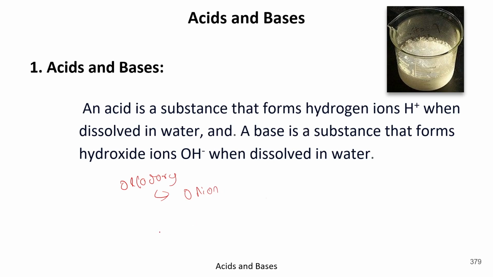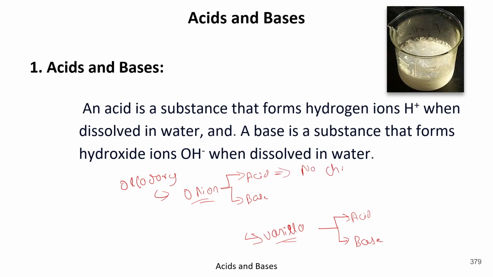Basically we use two main olfactory indicators. First is onion, second one is vanilla. For acid, no change.